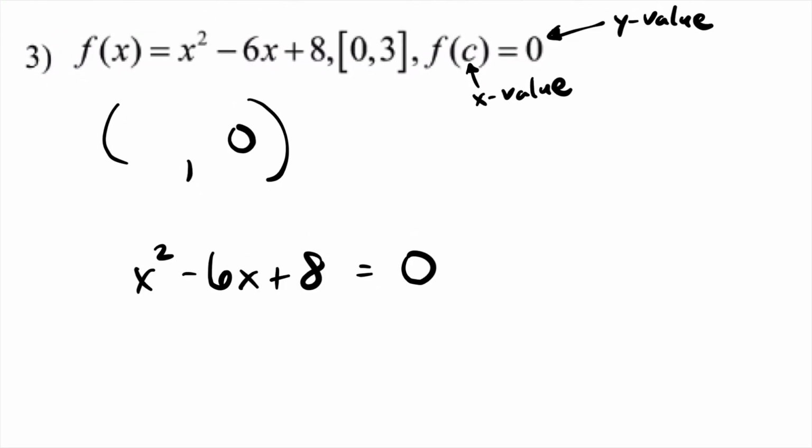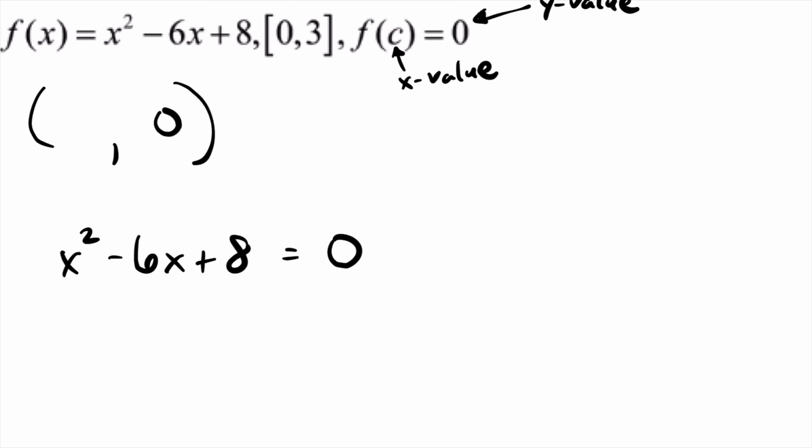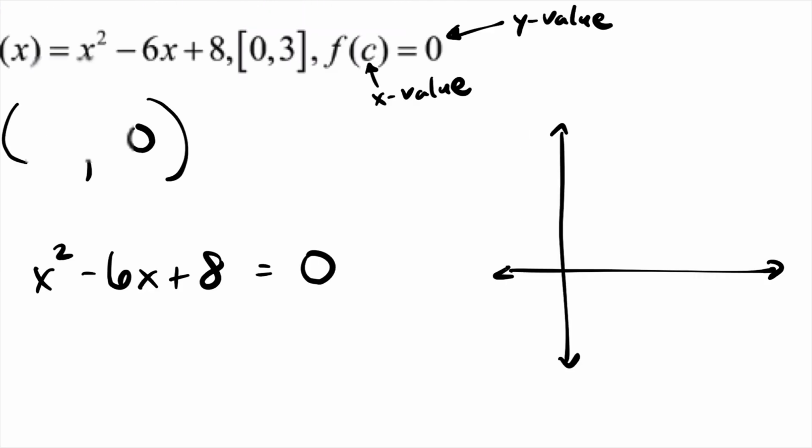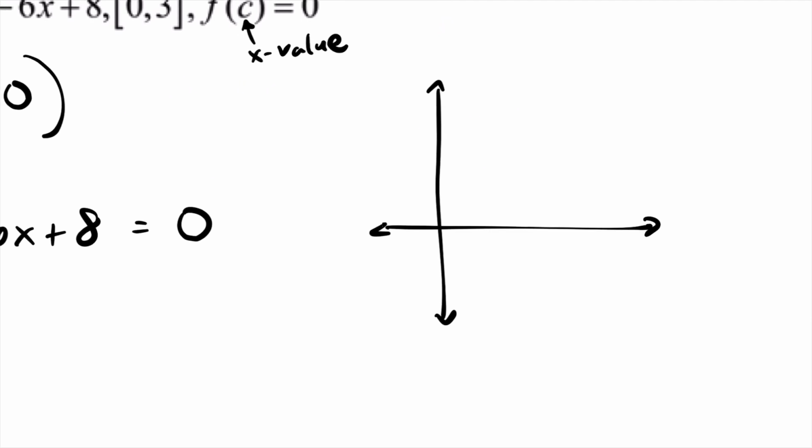Okay? Think about it. What does it mean? I have a function that goes from 0 to 3. F of c equals 0. Where do they cross when y equals 0? So in other words, this guy right here. This is x and y. So let's say we're down here. Let's say we're over here. Let's say this is the river right here, because it says y equals 0.